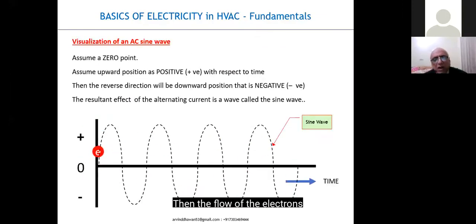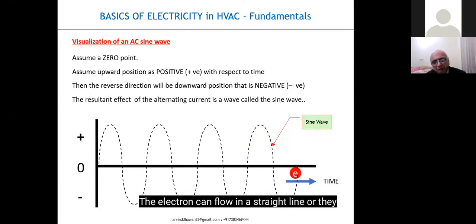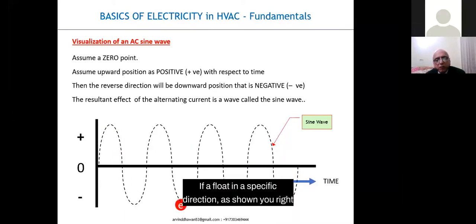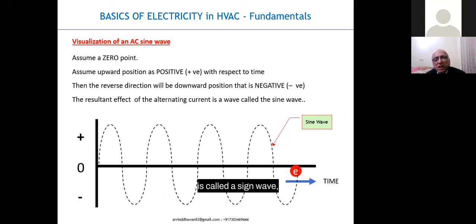Then the flow of the electrons: they can flow in a straight line, or in any direction, up or down. But if it flows in a specific direction as shown to you, it is called a sine wave.